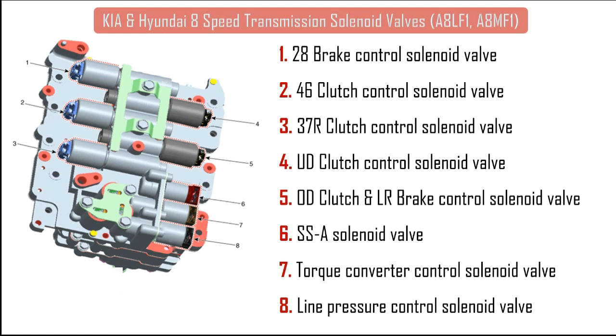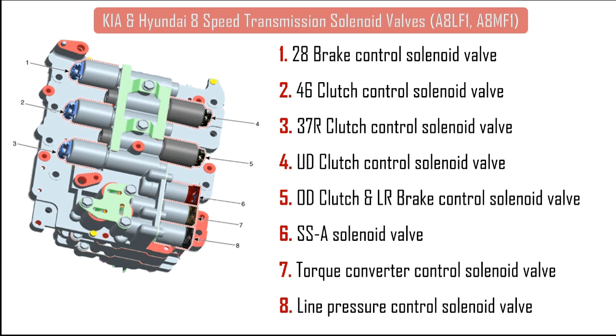Here you see one view of the valve body. This is the valve body on the left, and all the solenoid valves are numbered for you. The first one, right here, is the 2/8 brake control solenoid valve. Number 2 is the 4/6 clutch control solenoid valve, and number 3 is the 3/7R clutch control solenoid valve.